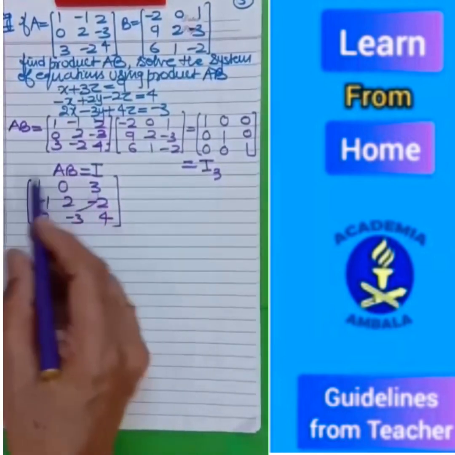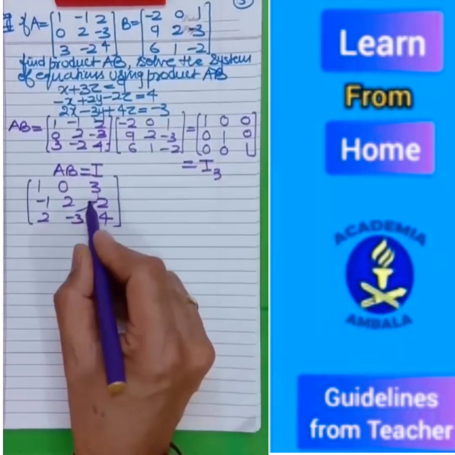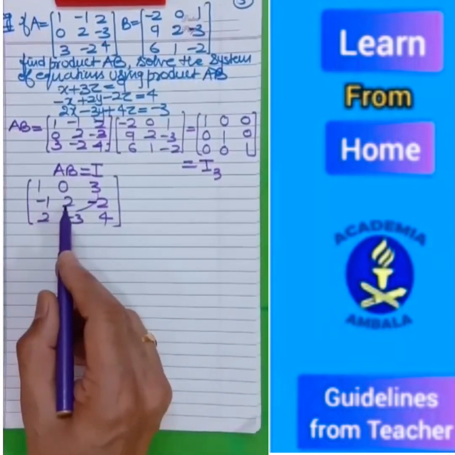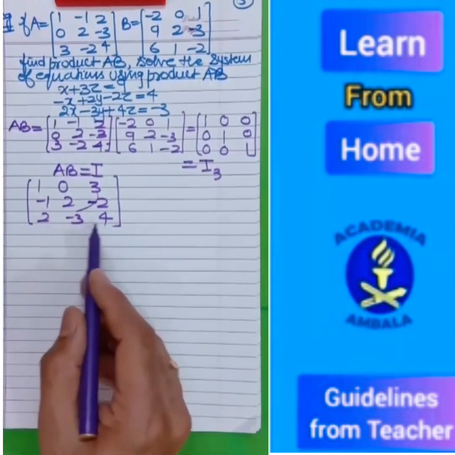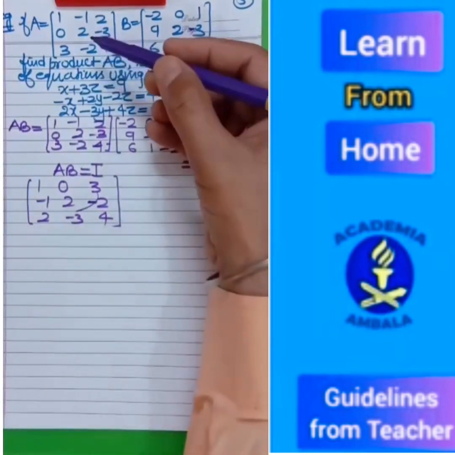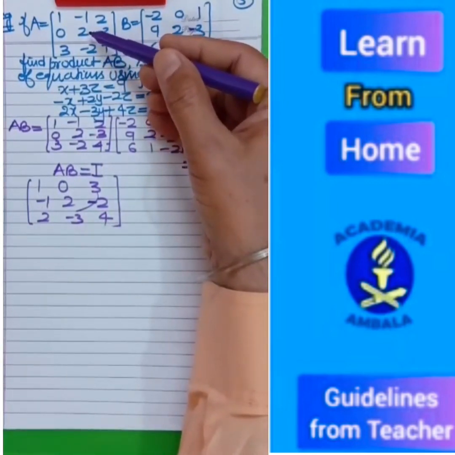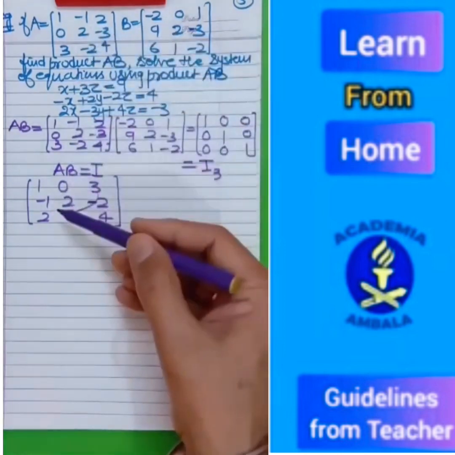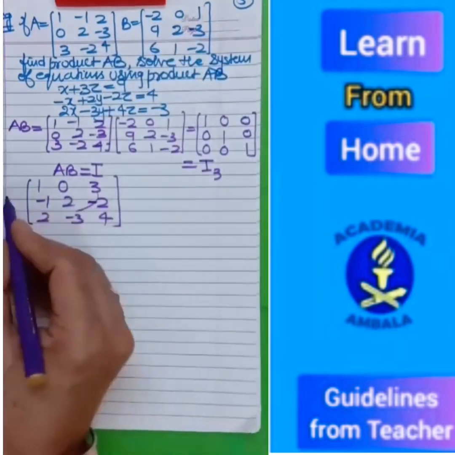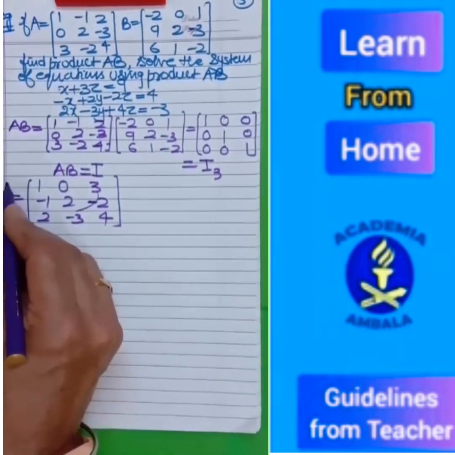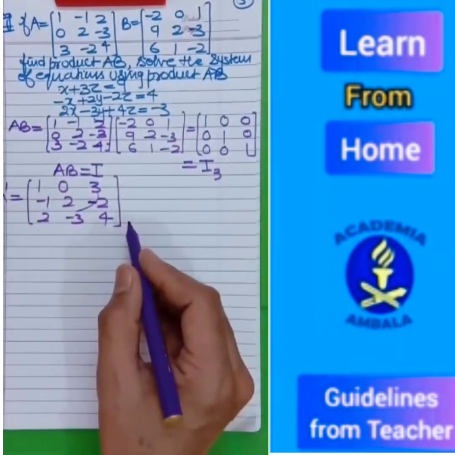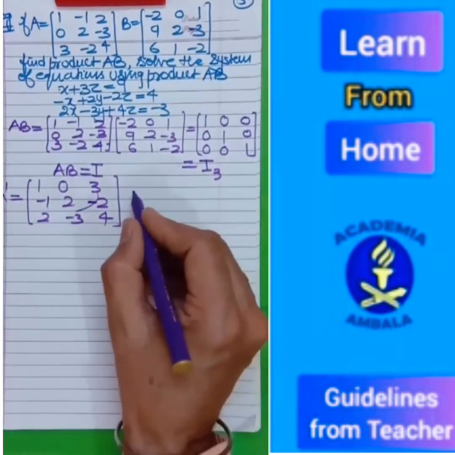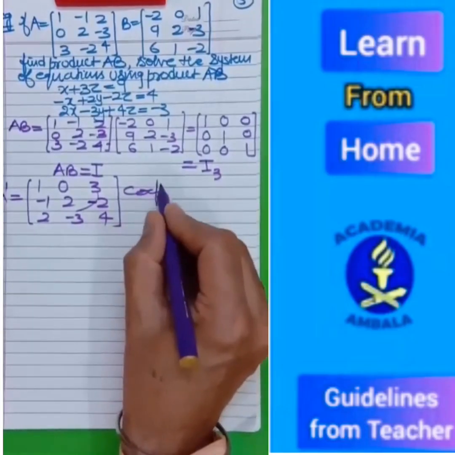Now you can see this matrix is 1 0 3, minus 1 2 minus 2, 2 minus 3 and 4. You can observe this matrix A. This is A transpose. Now this matrix is in terms of A transpose. This is your coefficient matrix.